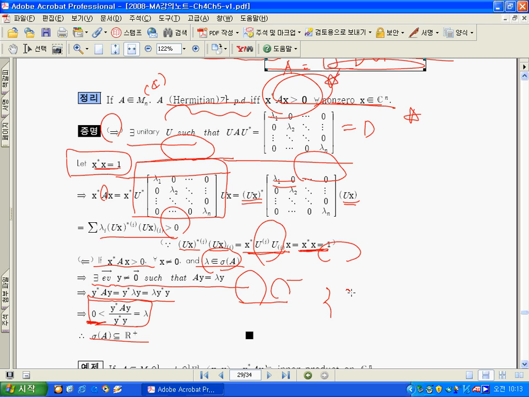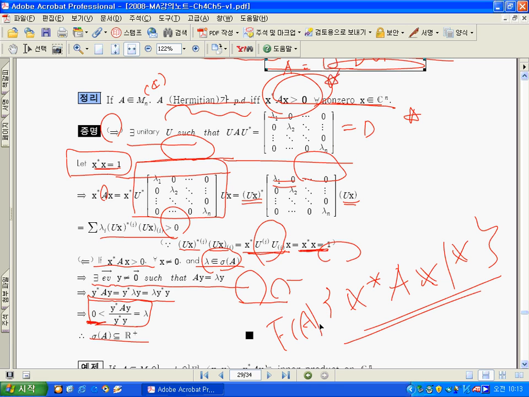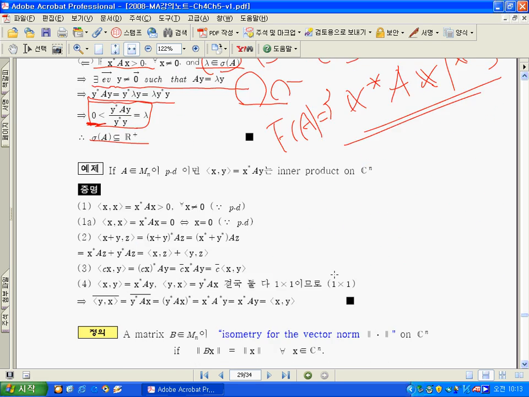Actually, the set of these values will take an important role in the study of matrices and numerical linear algebra. This set is called the field of values of A. We will see it later.